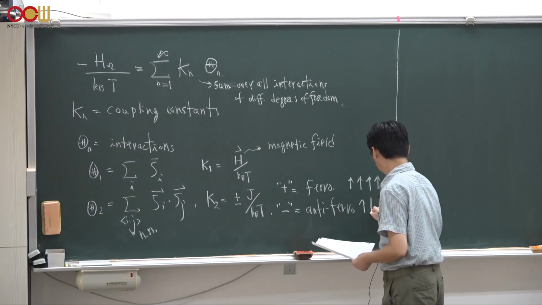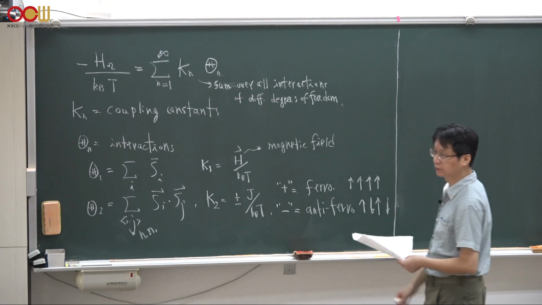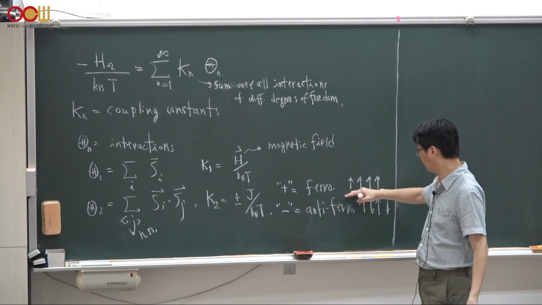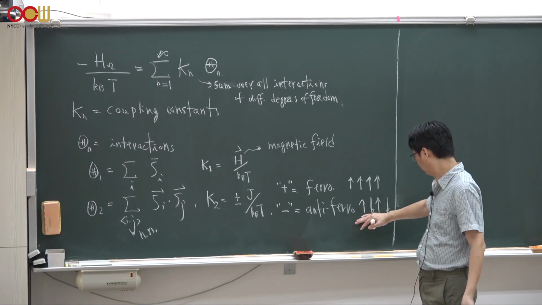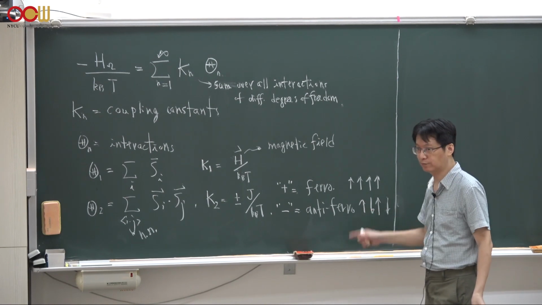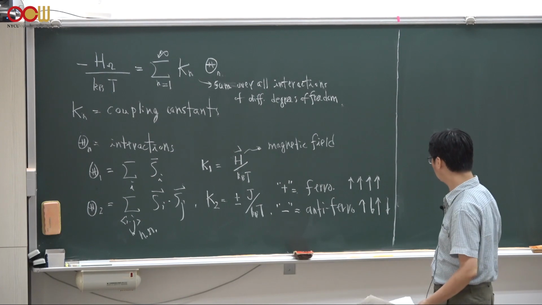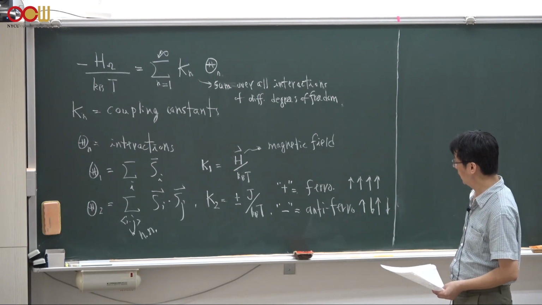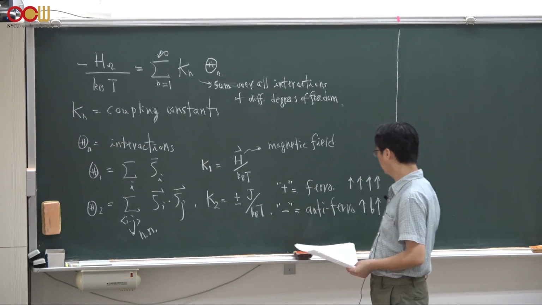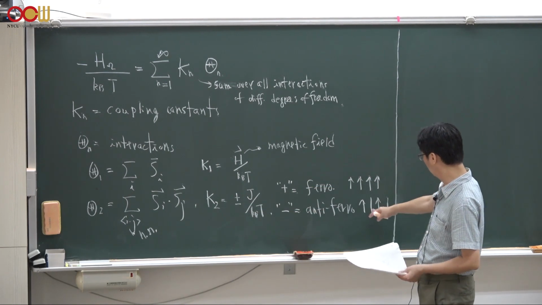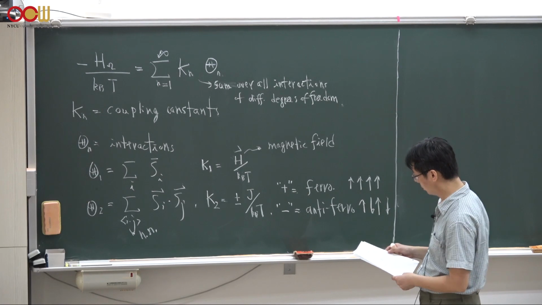Ferromagnetic coupling means the spin orientation is preferred to be parallel for all the spins. For the antiferromagnetic coupling, the system prefers spins alternately arranged on the lattice, up and down, up and down. Depending on the sign in front of the J, you could have either all parallel or alternating spin orientations.